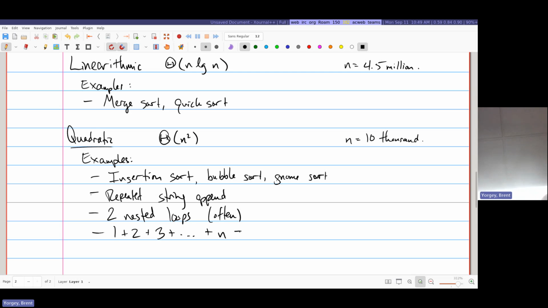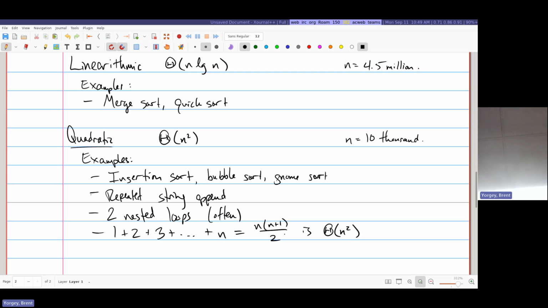There's actually a formula for this, which is n times n plus 1 over 2. But that is theta of n squared, because it's n times n, and then some constants, whatever.